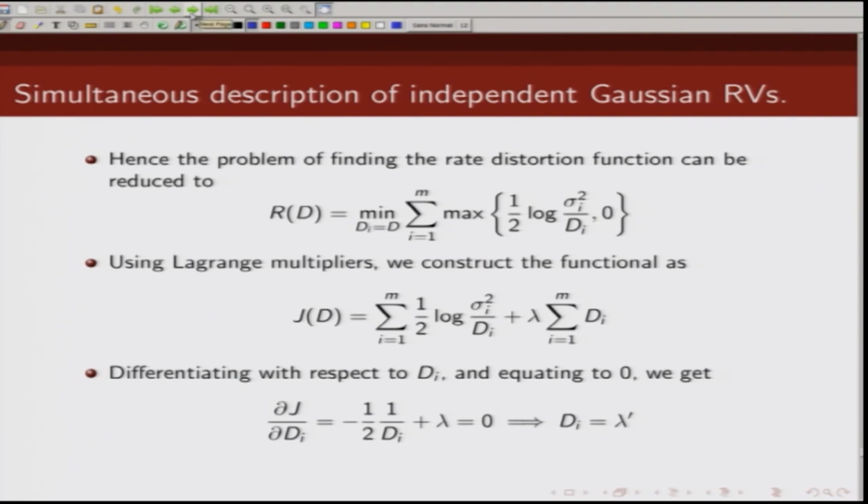Differentiating with respect to di, we get del J by del di as this, and when we equate it to 0, we get this condition. This is interesting. It says that the distortion di should be the same, di equal to some constant lambda dash.